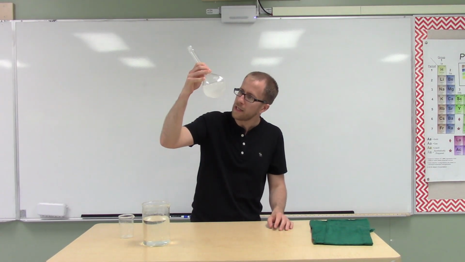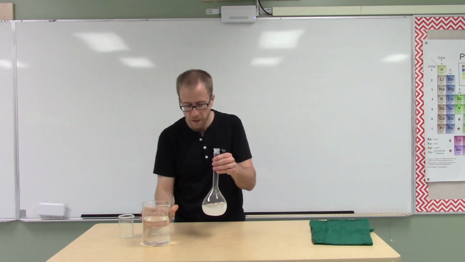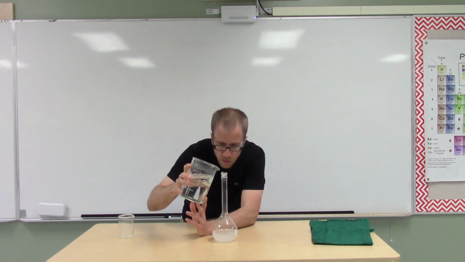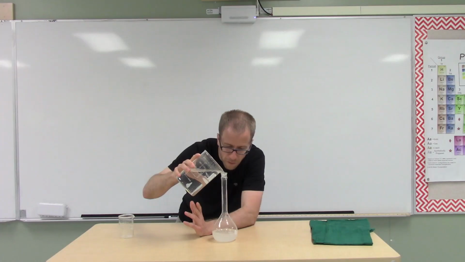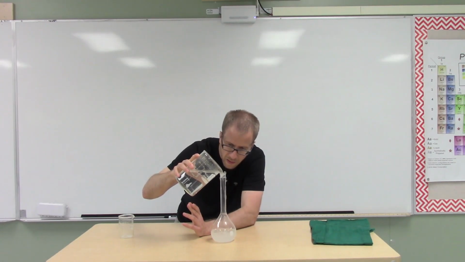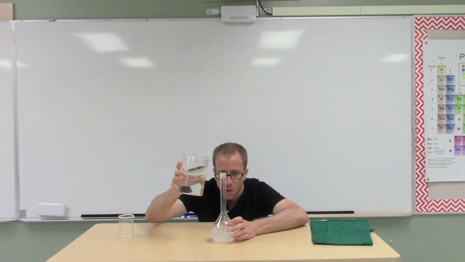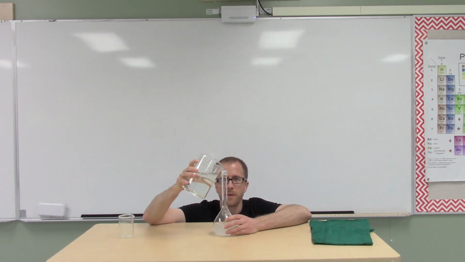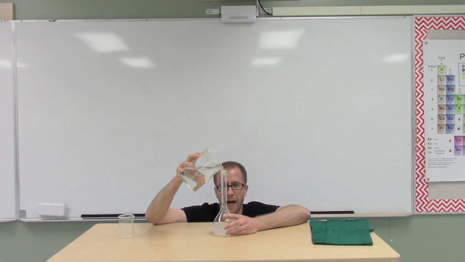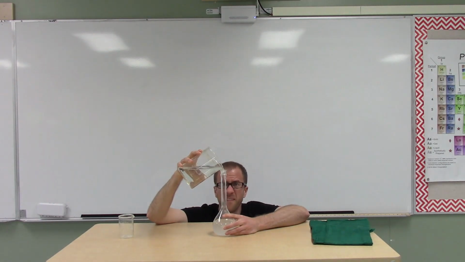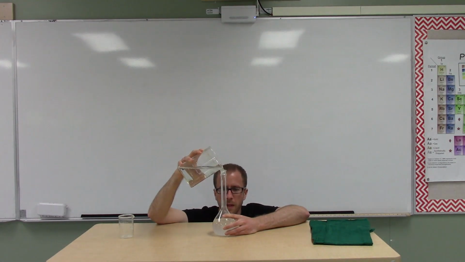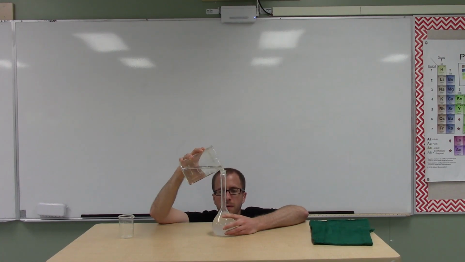And once our salt is pretty much dissolved, we are going to fill this up to exactly 500 mils. Now, this is not the best desk for this, but you want to get eye level with your flask, and you are going to fill it up until you reach that 500 milliliter point.